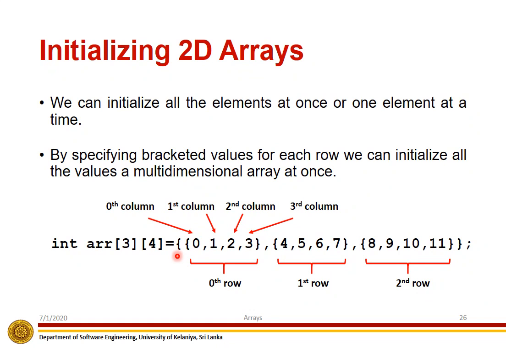So in here we have to give the values inside of the curly braces. This is the outer curly braces. Then inside of that, this is one row and this is another row and this is another row, separated by commas. The index for this row is 0.